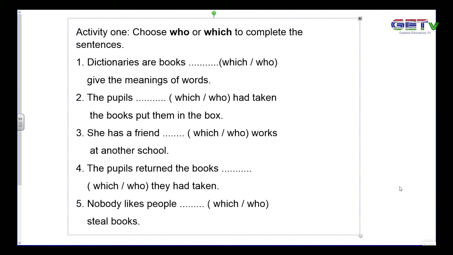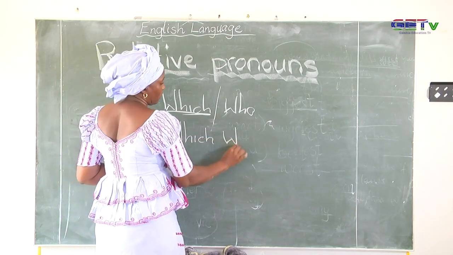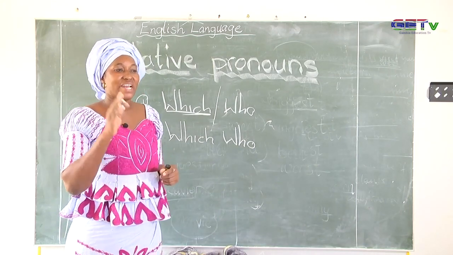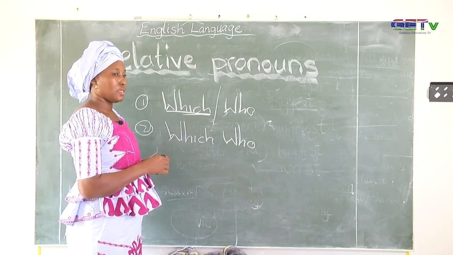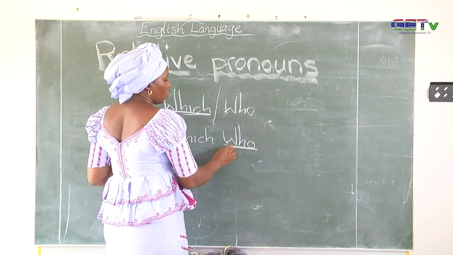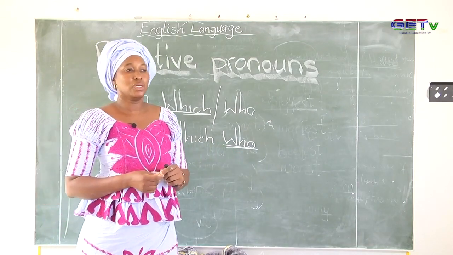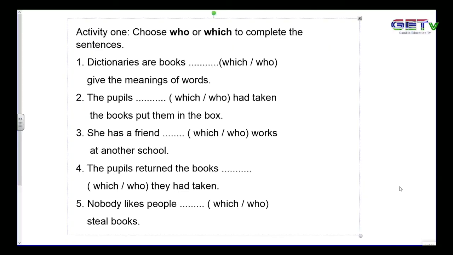Which, who, again. The peoples that had taken the books, put them in the box. The peoples. Person, we take what? Who. The peoples who had taken the books, put them in the box.